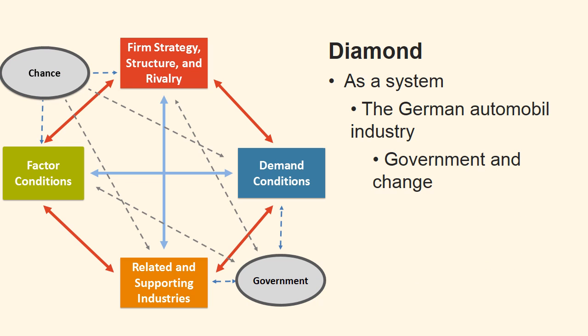We also have to see how the determinants, government and chance, affect the four major determinants and thereby the national competitive advantage. The change from petrol-driven cars to another source of energy will create discontinuities that allow shifts in competitive position.